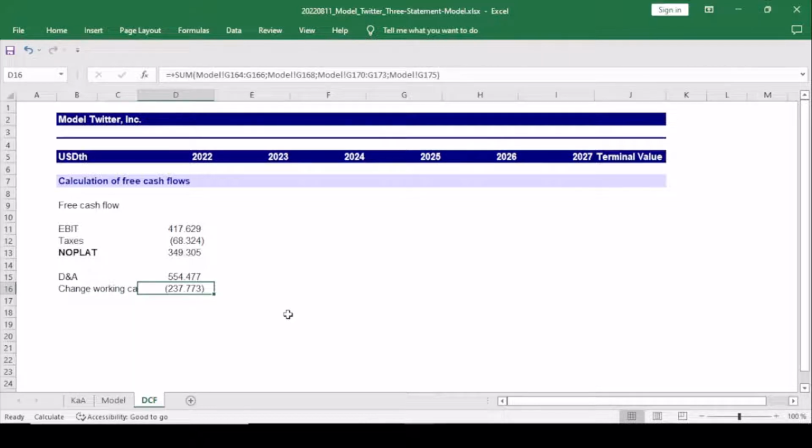So what we did here is, as I said, we summed up all the operating assets and liabilities, excluding deferred tax assets and liabilities.